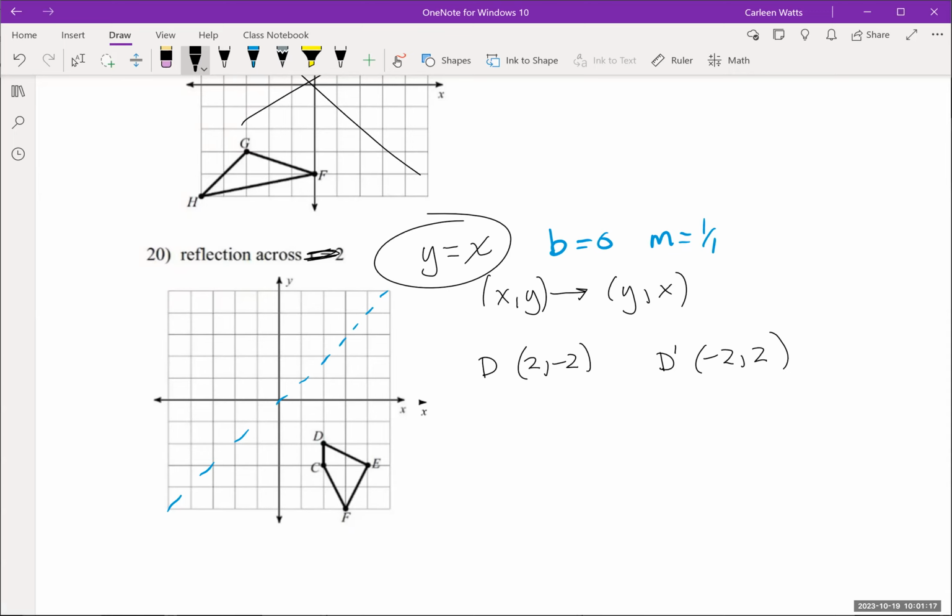Yeah, -2, 2. Okay, switch the order, don't change any signs. So D prime is -2, 2. Yeah, E is 4, -3. Switch the order. Don't change any signs. So -3, 4.